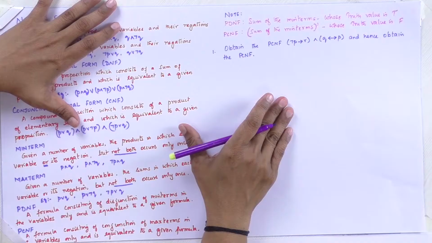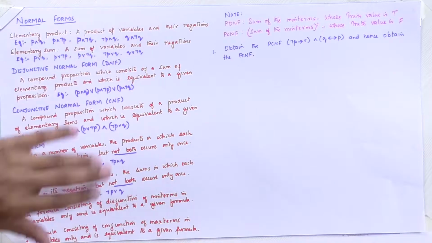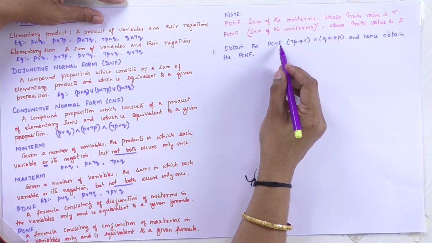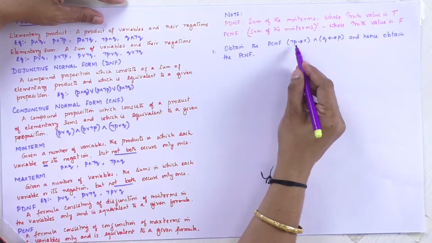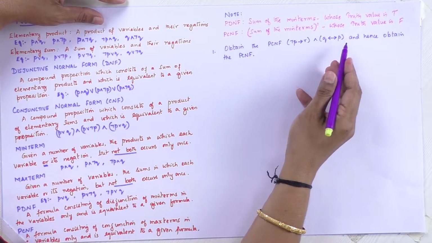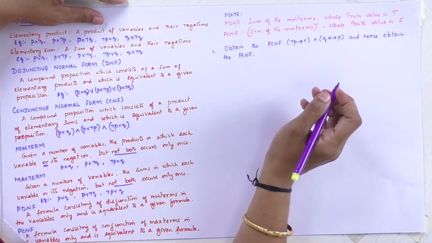So keeping all this in mind, now we will do a problem and then we will be able to understand in a better way. I will teach you one problem. See here, obtain the principal conjunctive normal form of negation P conditional R and Q biconditional P, and hence obtain the PCNF.